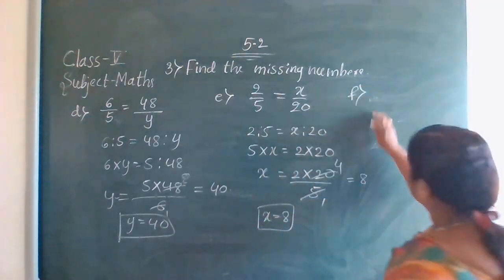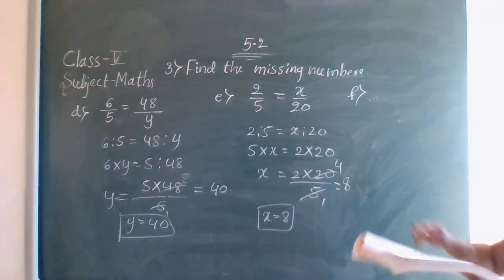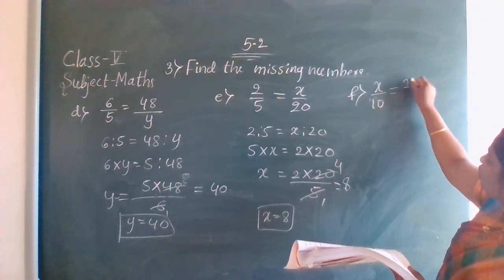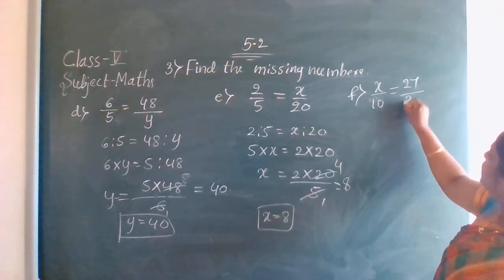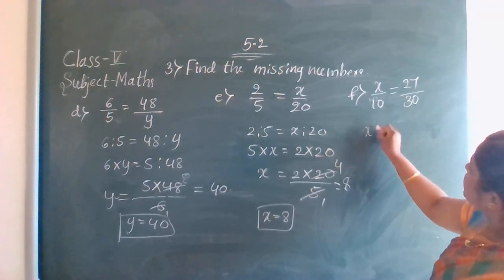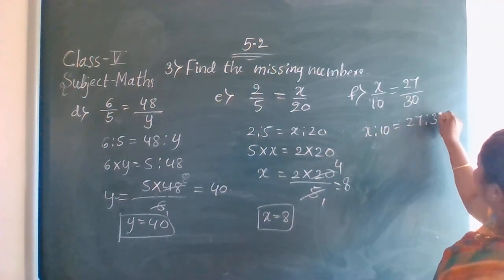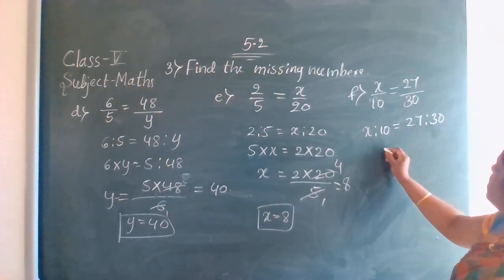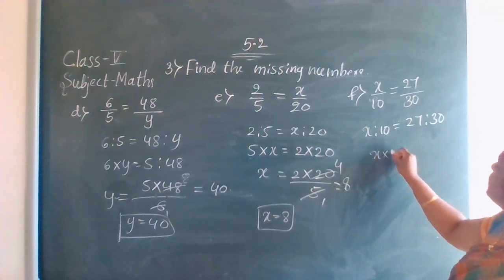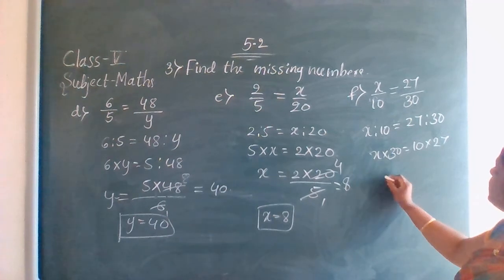F. x by 10 is equal to 27 by 30. X is to 10 is equal to 27 is to 30. Multiplication of extremes is equal to multiplication of means.